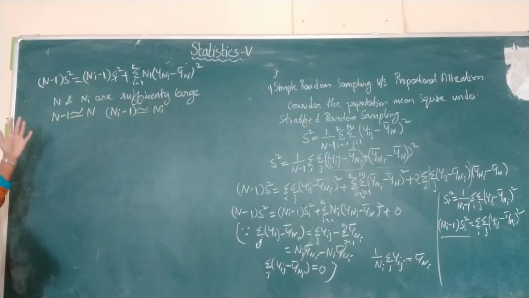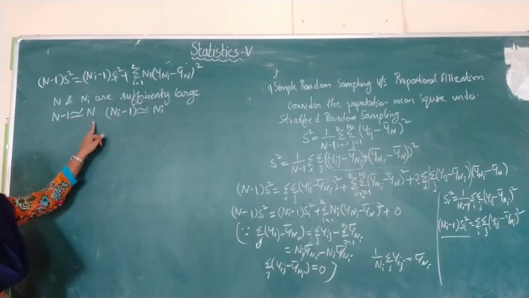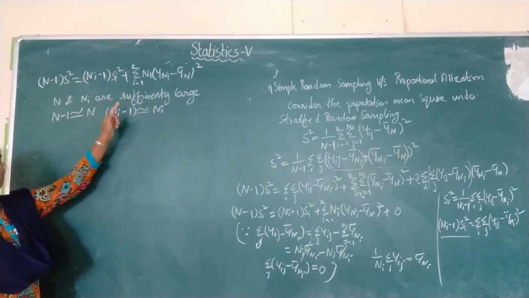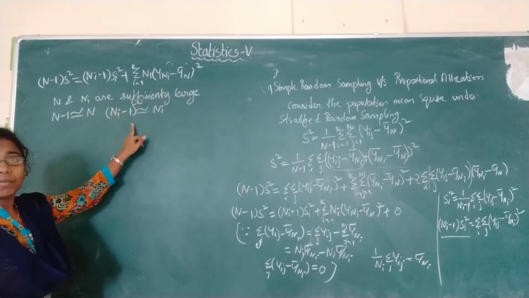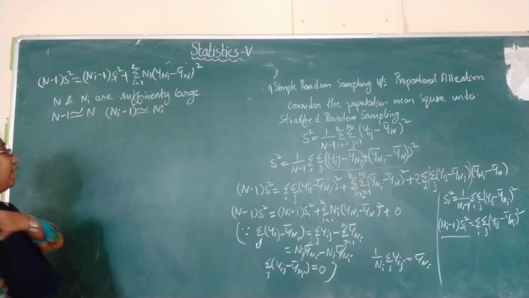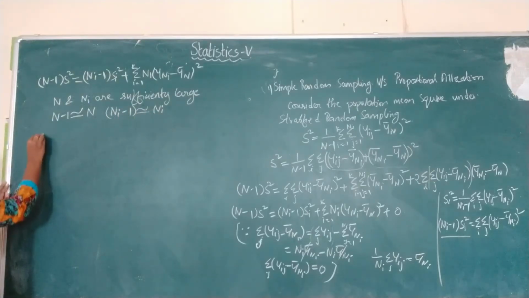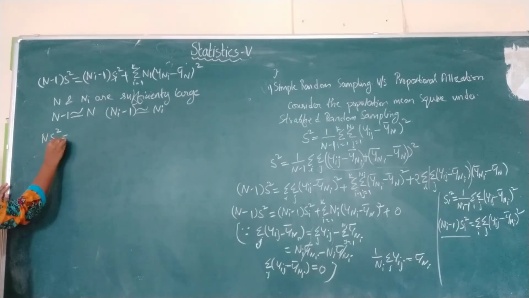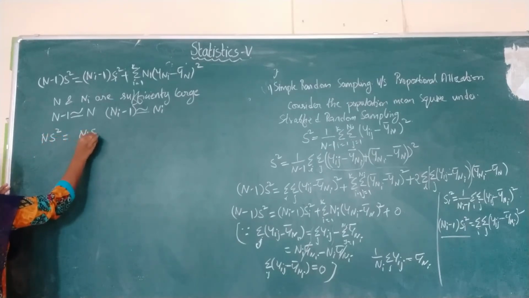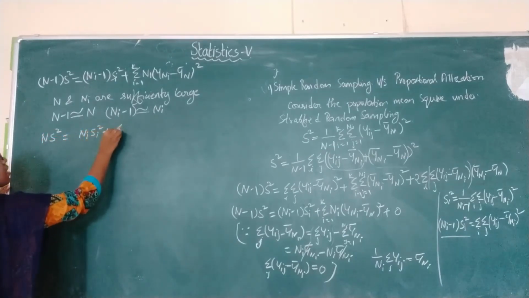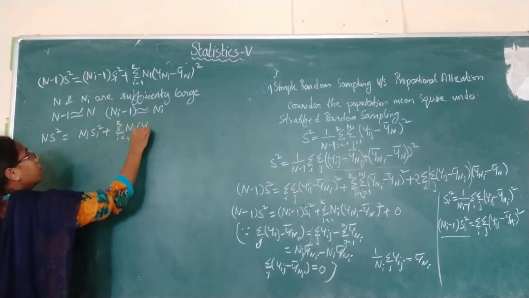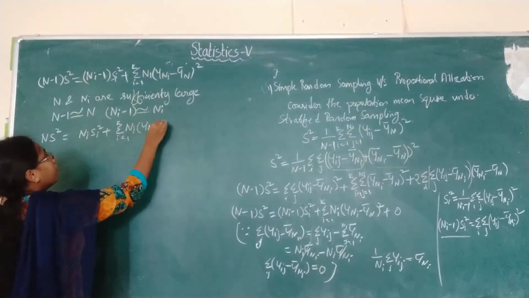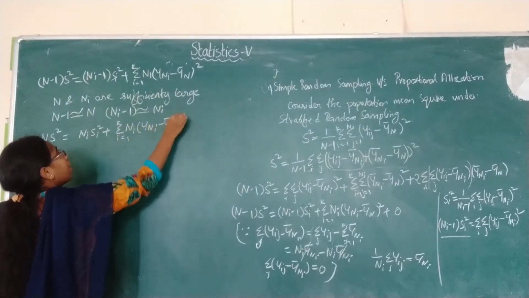So in the above equation, in place of n minus 1, I can write n, since we are considering that n is sufficiently large, and similarly ni minus 1 I am writing as ni. So write it as n into s square equals summation ni into si square plus summation over i equals 1 to k ni into (yni bar minus yn bar) whole square.